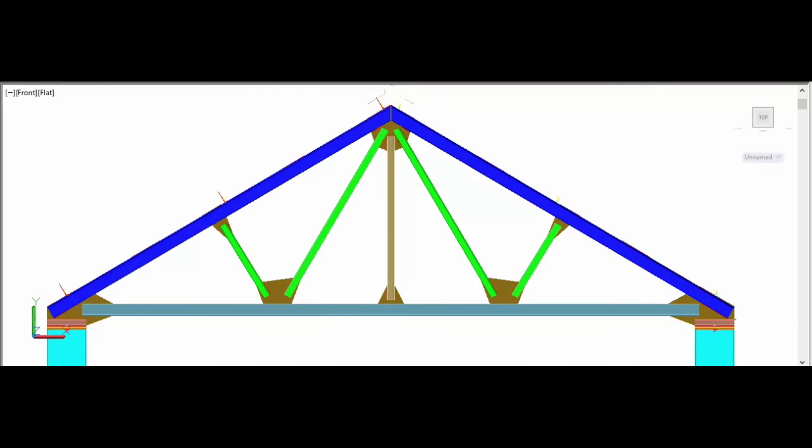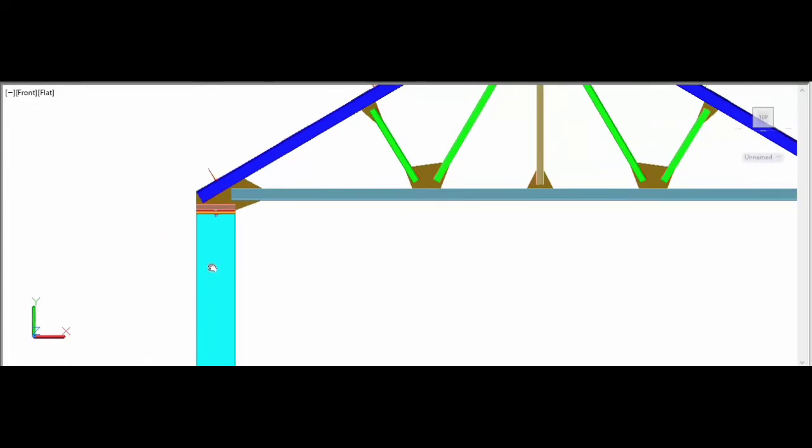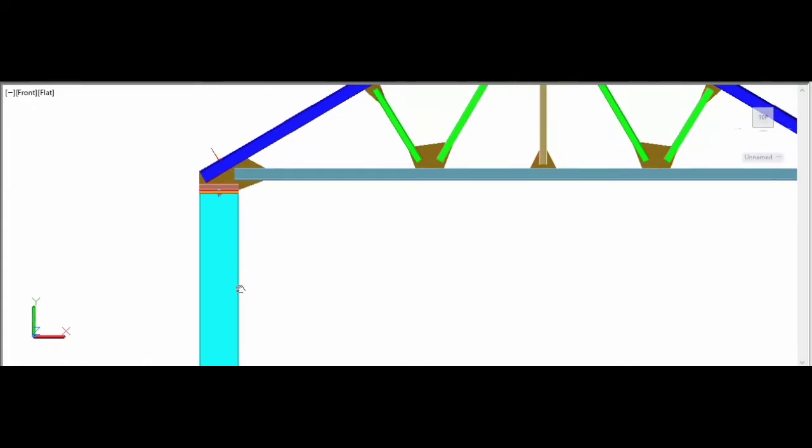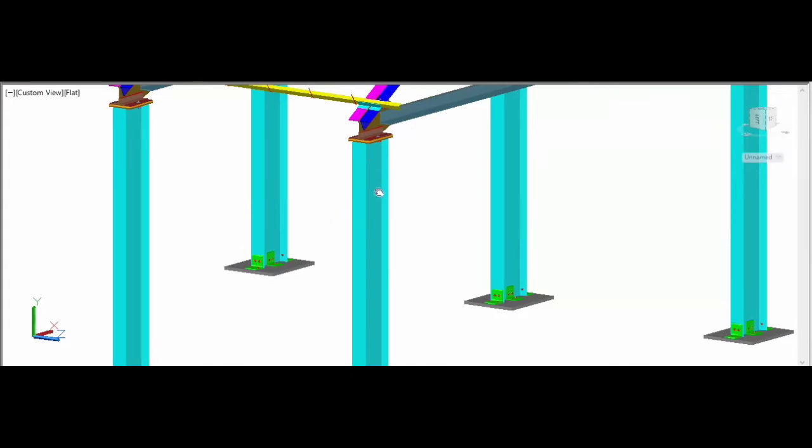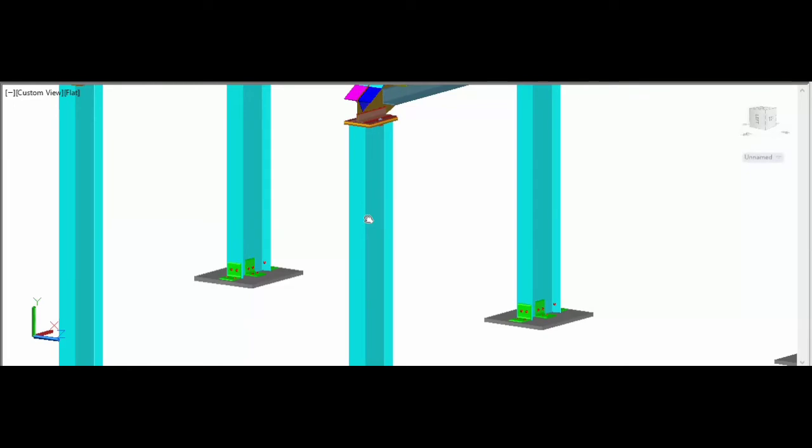Now, let us come back to the roof truss model once again. So, this is the roof truss which is supported on the end supports called columns or stanchions. So, in this model you can see a single I section provided, designed and provided as per IS code.